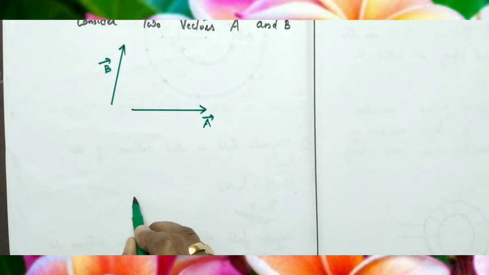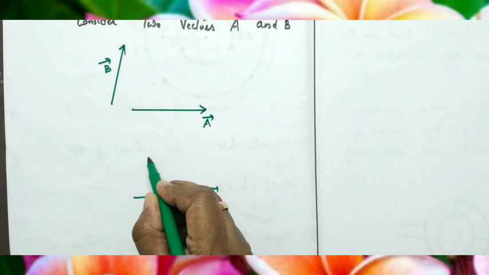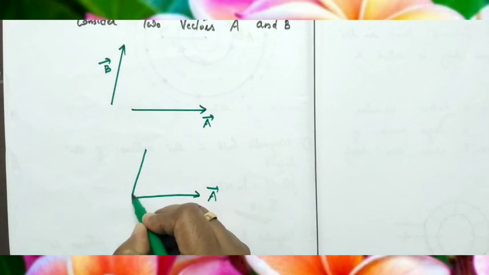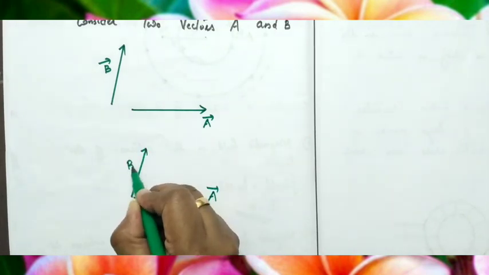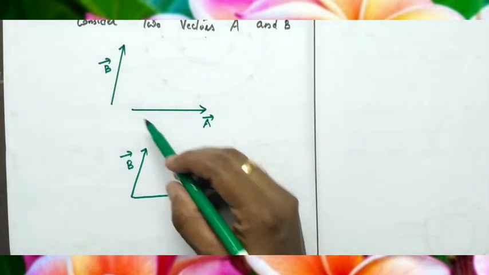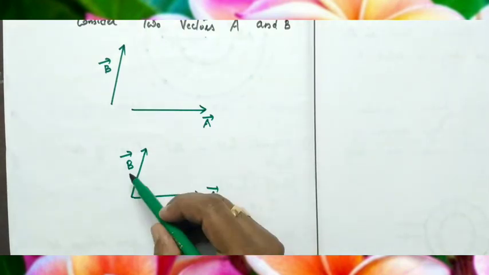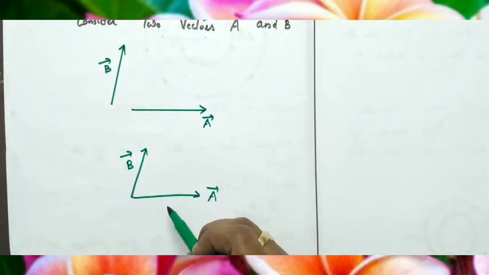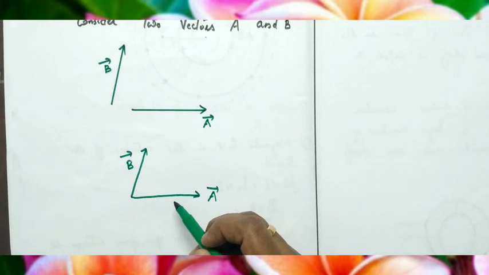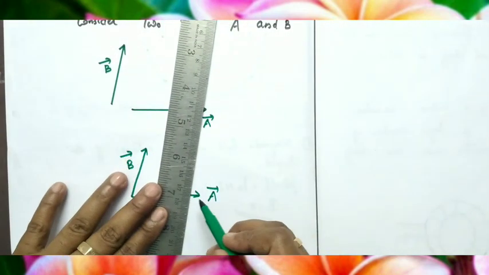So this is vector A. This represents vector B. Okay, children? Shift any one vector so that both the tails are joining together. Then these two represent the two sides of a parallelogram. Then the resultant is given by, we can complete the parallelogram.